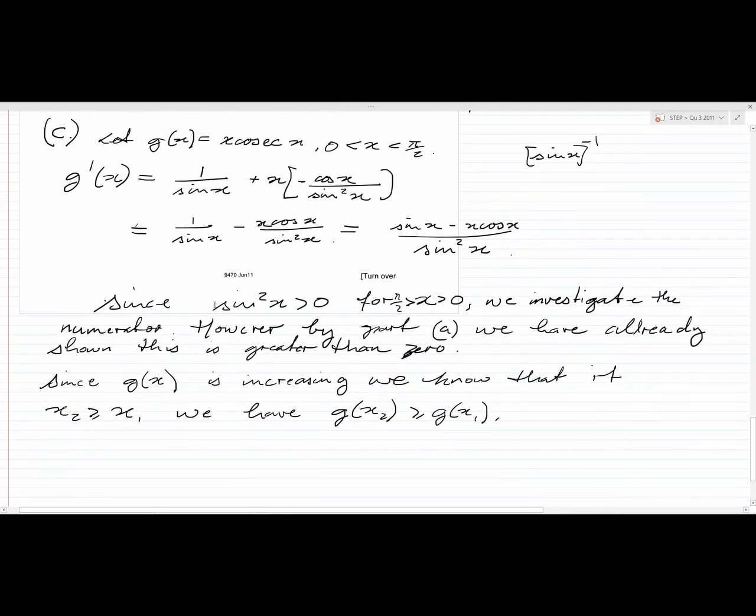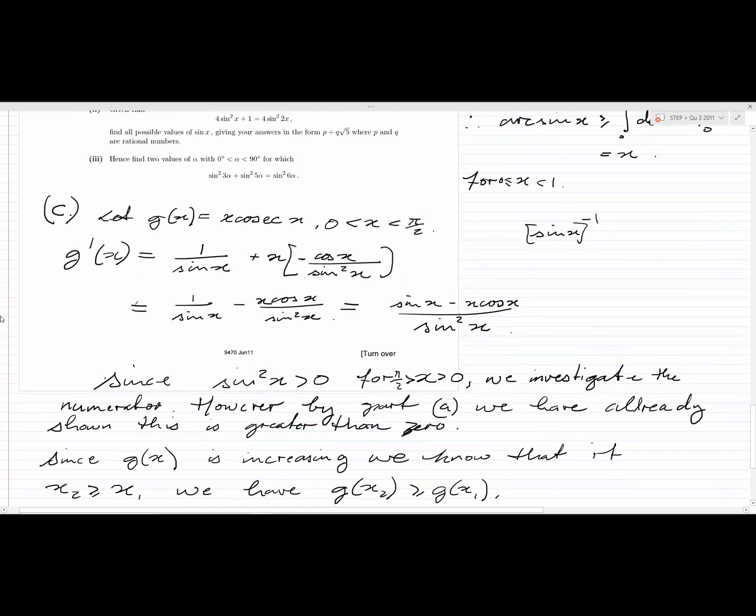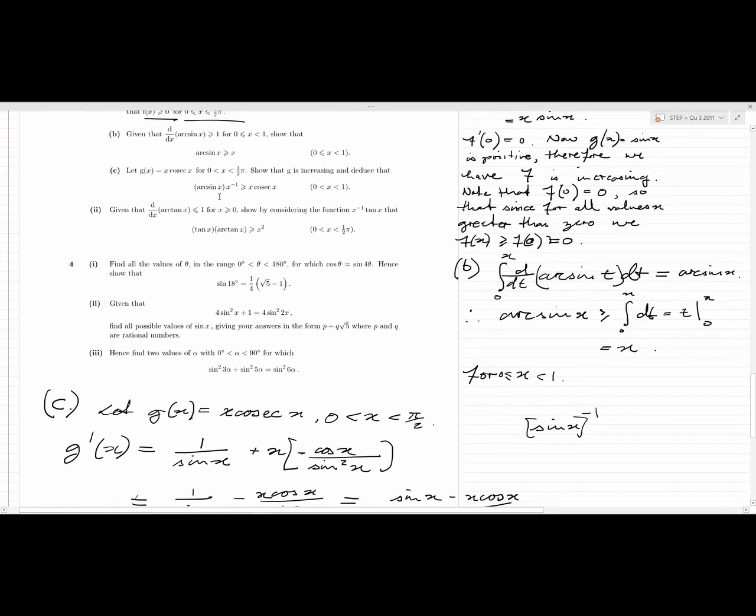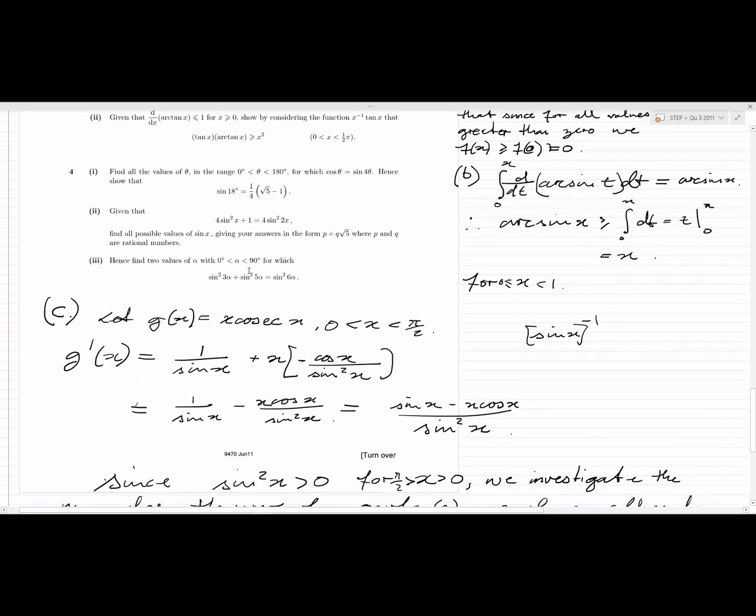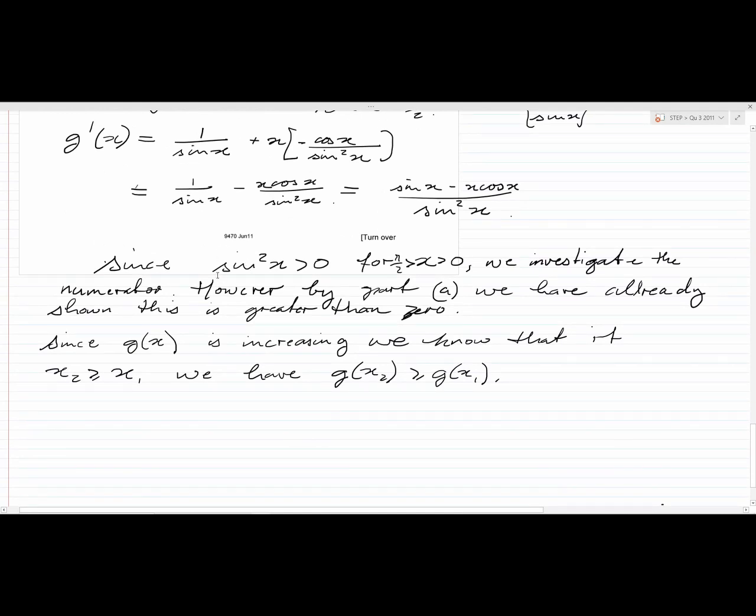When we look back, we see that we've got that arcsine x is greater or equal to x. So I wonder if we compose g with arcsine x, what we would get. Would we get, indeed, arcsine x over x?